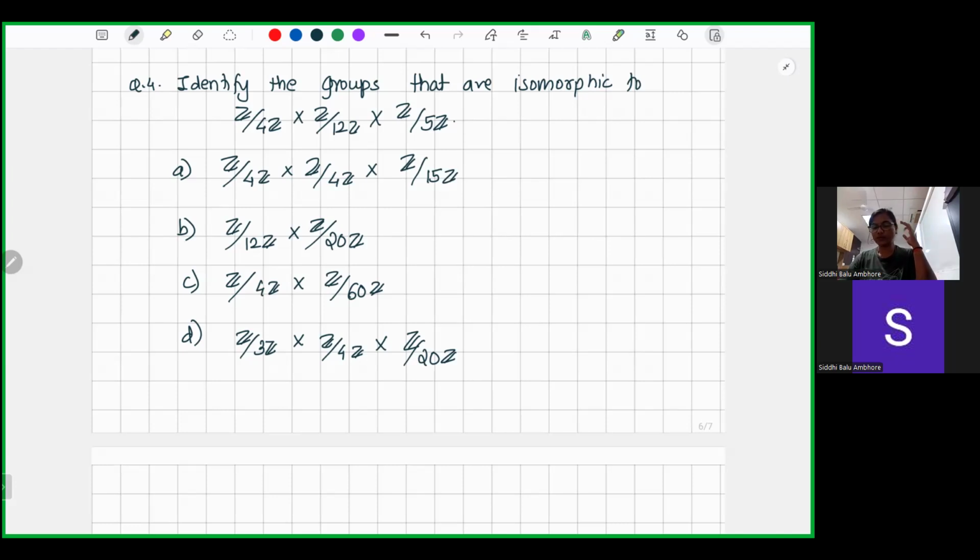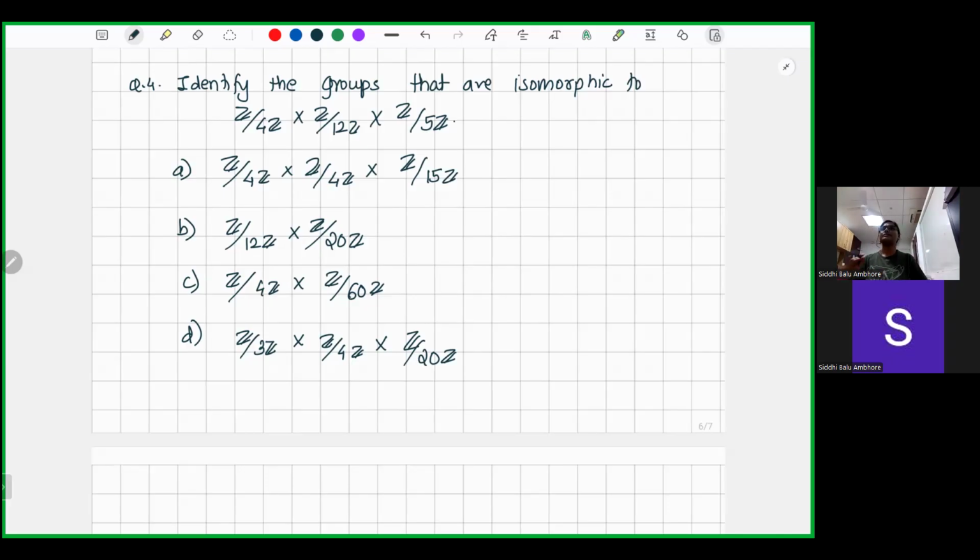So if you come across such questions, what you need to do is first check the cardinality. If two finite groups are isomorphic, they need to have the same cardinality. That's the first thing. Whenever we talk about isomorphism, the map needs to be a bijective map.